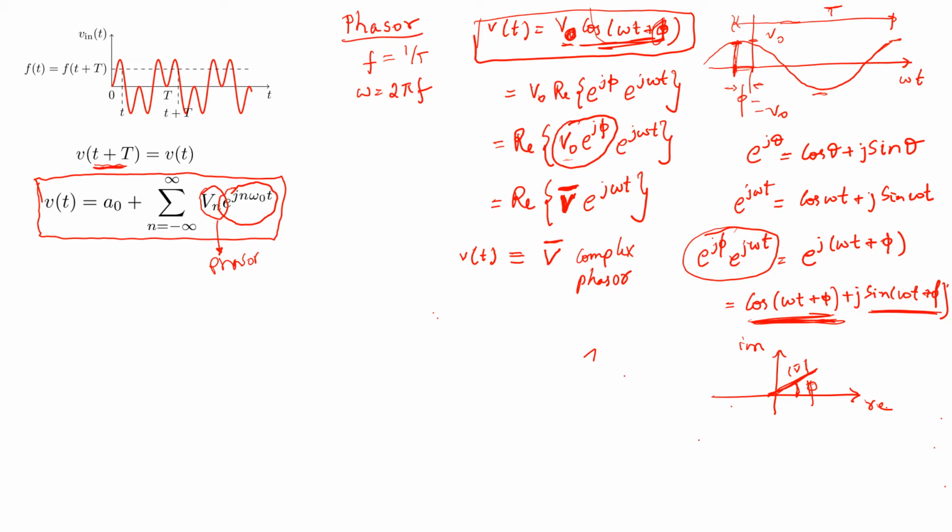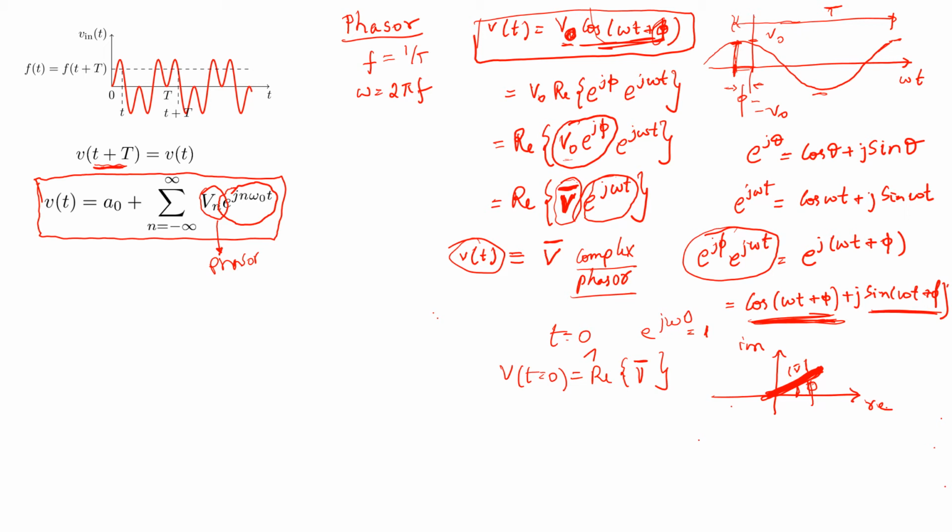What you see now is this phasor, which is independent of time, a single number, but the time dependence of v of t has been captured by this term e power j omega t. At t equal to 0, v of t is simply the real part of V bar, since e power j omega 0 is going to be 1. So at t equal to 0, this is how v of t looks in the complex plane.